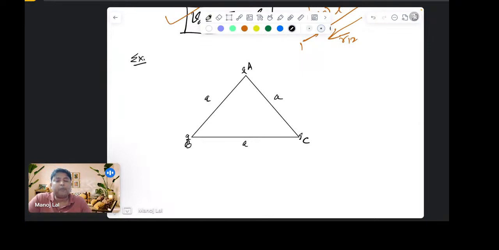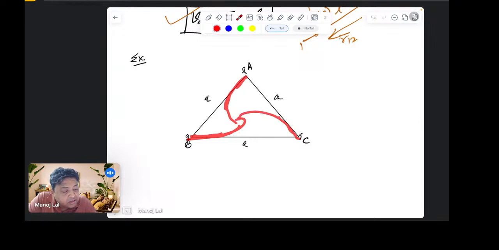As A follows B, B is going like that, so A will turn like this. B will follow C, so B will turn like that. So A is turning like this, B is turning like this, and C is turning like this. And all three, by symmetry, will meet where? At the centroid of the triangle.